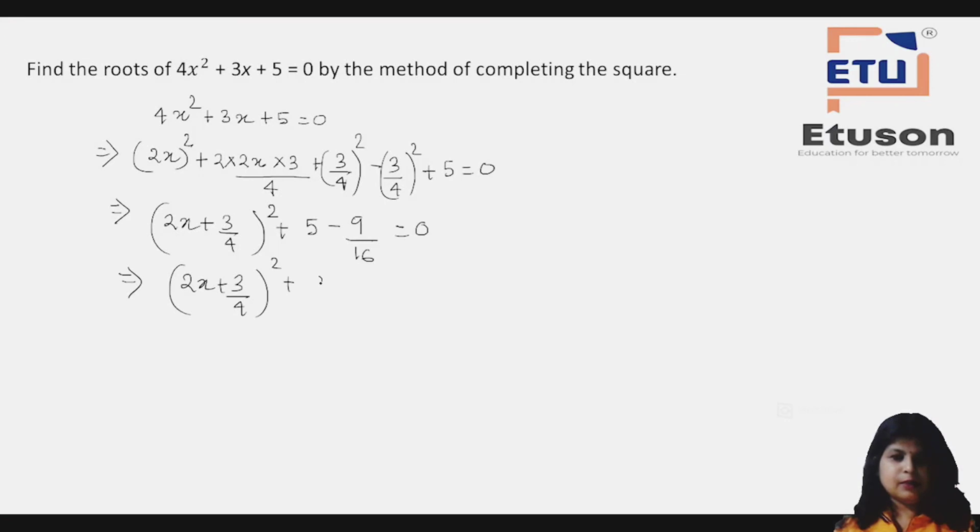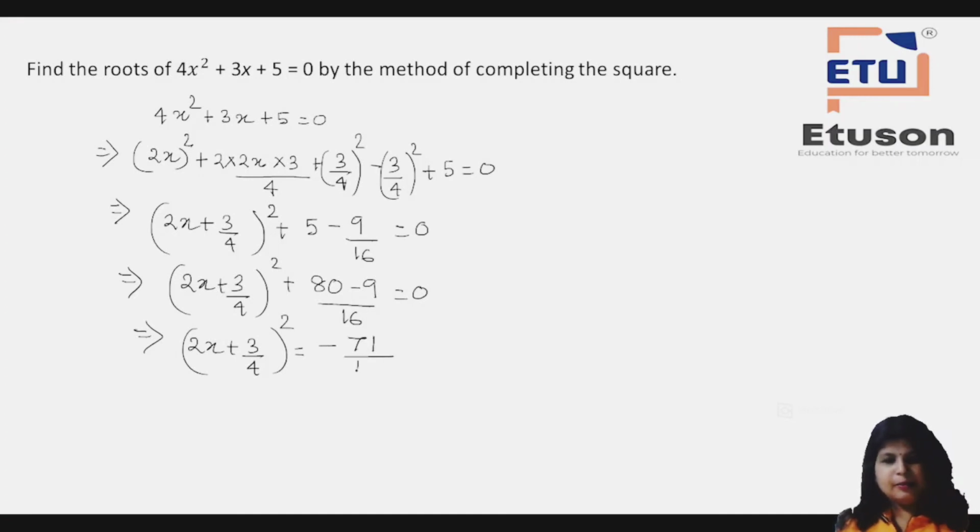So let us find out the answer to 5 minus 9 by 16. It is 80 minus 9 divided by 16 equal to 0. It implies 2x plus 3 by 4 whole square is equal to how much? Minus 71 by 16. Okay, so now definitely 2x plus 3 by 4 will be equal to the square root of minus 71 by 16, which is not a real number, correct?